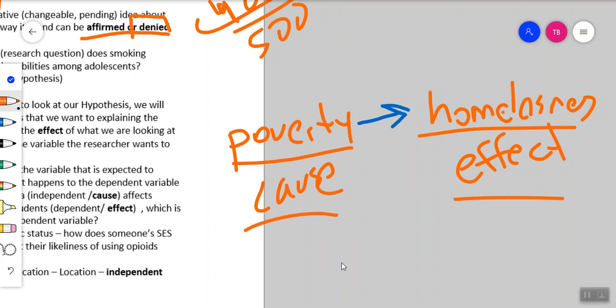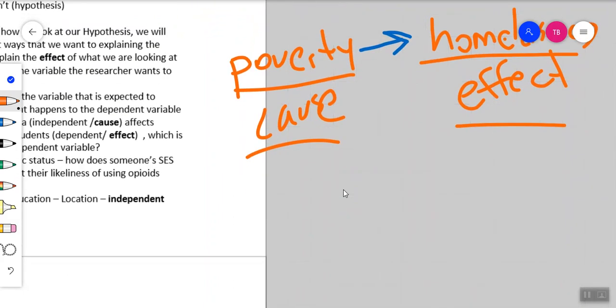So as far as statistics are concerned, when you're looking at cause and effect, you're interested in trying to understand how one variable, in this case poverty, is going to relate to the other variable, in this case homelessness.